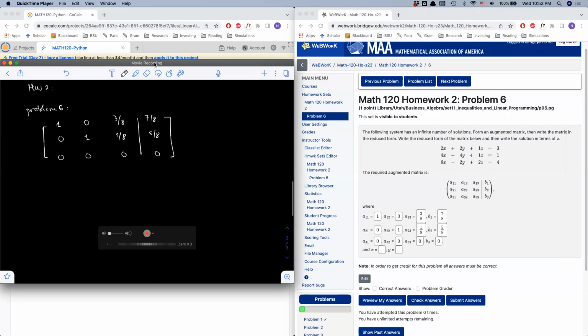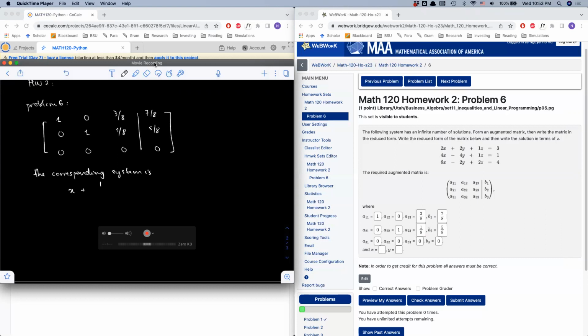Okay, and from this reduced row echelon form, you can write down the system. So the corresponding system is X plus 3/8 Z equal to 7/8, and Y plus 1/8 Z equal to 5/8.